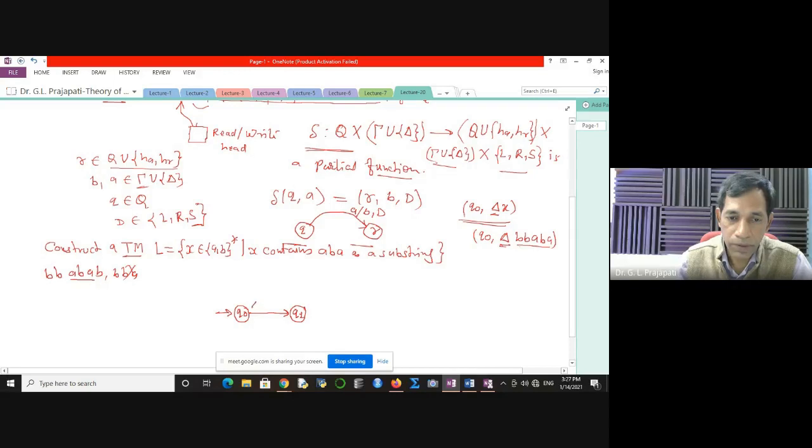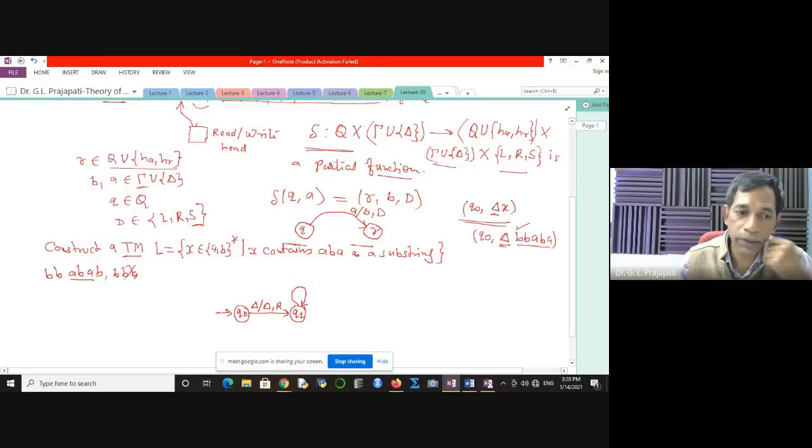The machine starts at the blank at square 0, and we don't require to change the blank symbol. You can replace blank with blank and move to the right side. Once you move to the right, you have some input. Now it can be B. If it is B, then what you need to do? You don't require to do anything, because you don't worry about the B. You are just interested in what?